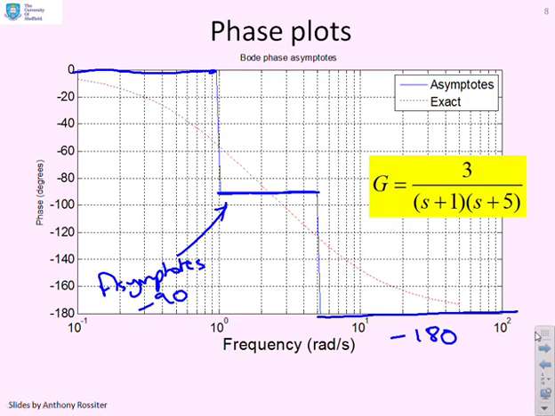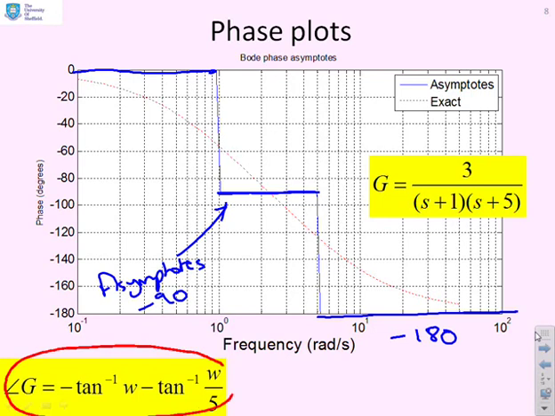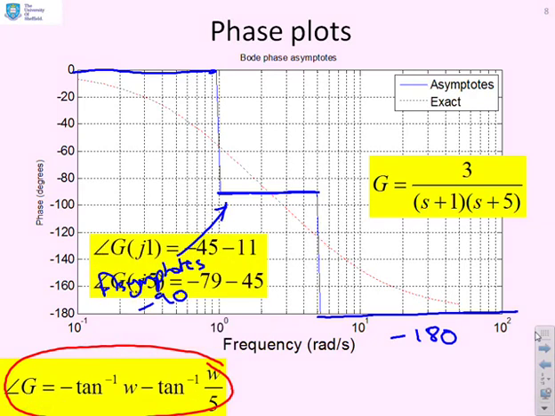Now what we need to do is apply some corrections. So here we're going to use this formula, which tells me exactly what the phase is: minus tan to the minus 1 of omega, minus tan to the minus 1 of omega over 5, and I need to say where I think I'll need corrections, and clearly it's going to be in the domain near 1 and 5. So I'm going to calculate the phases at a frequency of 1 and a frequency of 5.